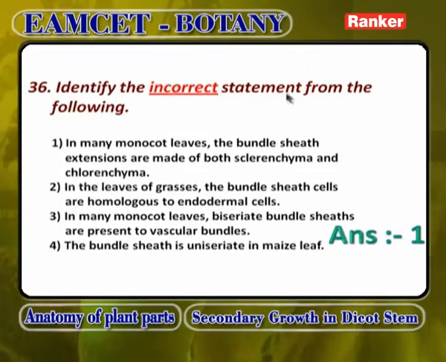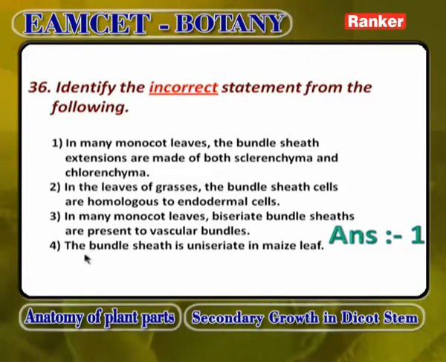Identify the incorrect statement from the following. In many monocot leaves, the bundle sheath extensions are made up of both sclerenchyma and chlorenchyma. In the leaves of grasses, the bundle sheath cells are homologous to endodermal cells. This is correct because they contain Casparian thickenings. In many monocot leaves, biseriate bundle sheaths are present. Biseriate, definitely 2 layers. Bundle sheath is uniseriate in maize leaf. This is also correct.